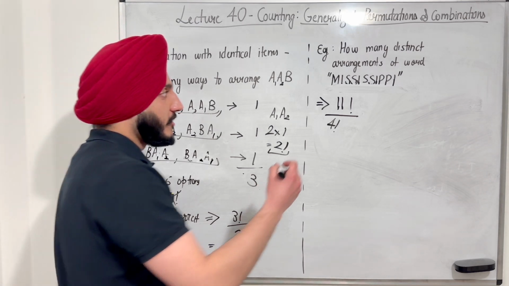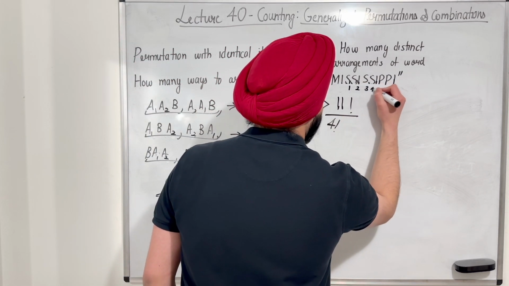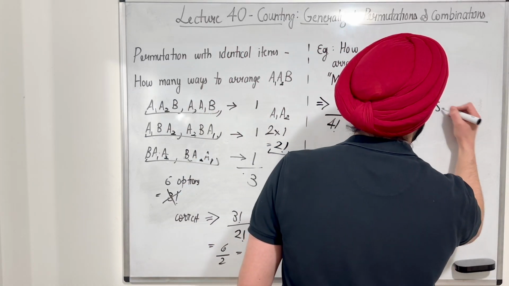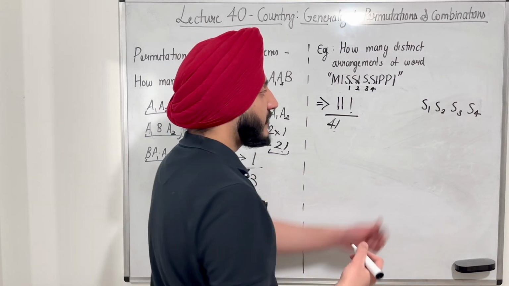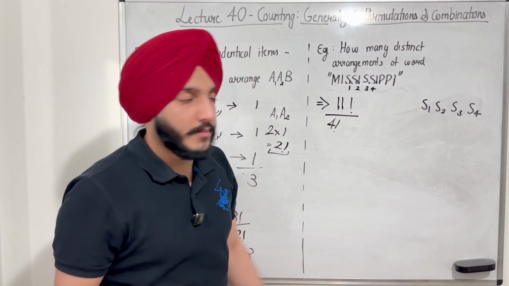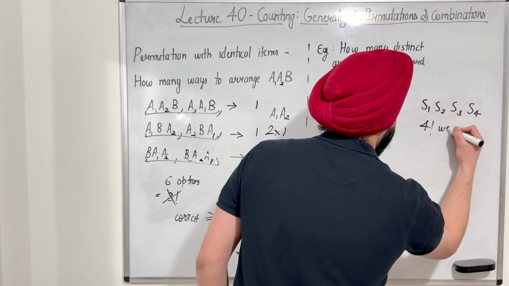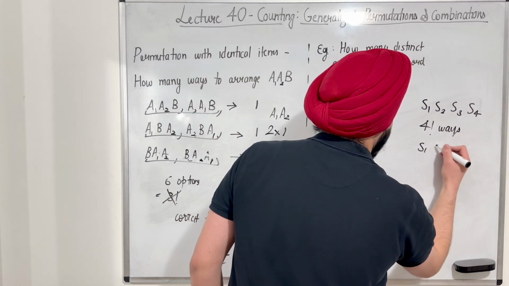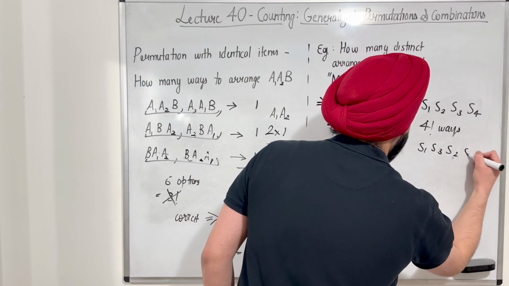Let me try to explain this with S now. We have S1, S2, S3, S4. We have 4 S's; let's consider one more time that they were distinct characters. If they were distinct, we would have 4 factorial ways. You can write S1, S3, S2, S4.